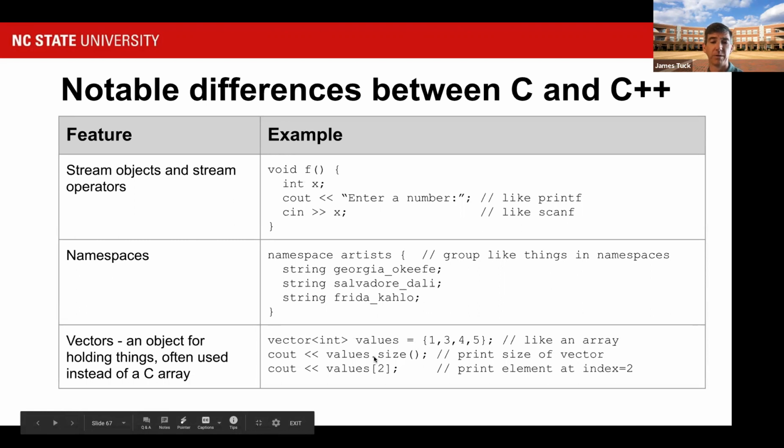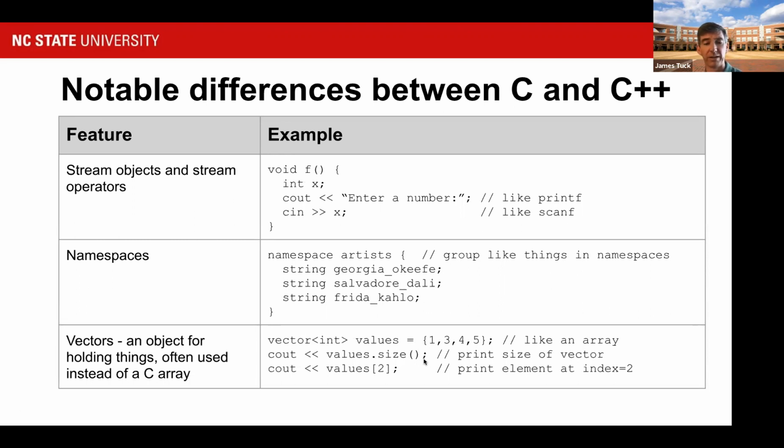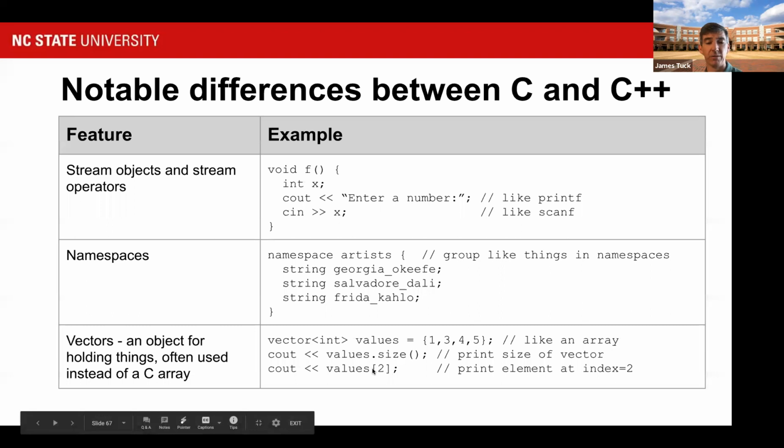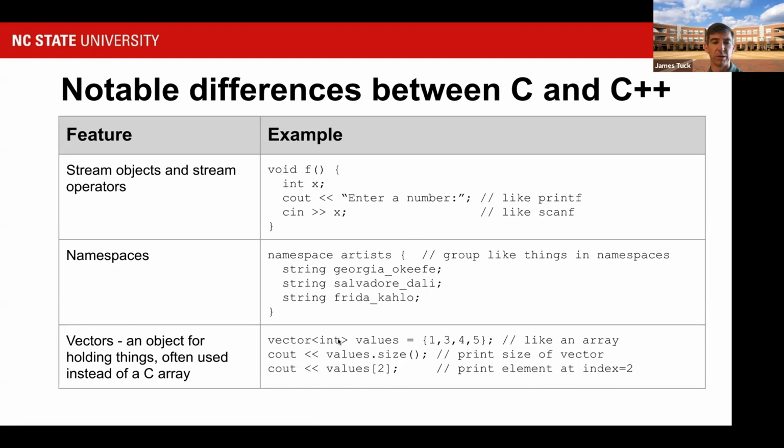And it has a member function that'll tell you its size. And you can even access it using array notation and say, give me the second thing in my vector. And you can make vectors of floats just by changing the type here in brackets, or you can make a vector of doubles, or a vector of characters, or even a vector of rectangle objects. Any type you have in your C++ program, you can make a vector of those things.